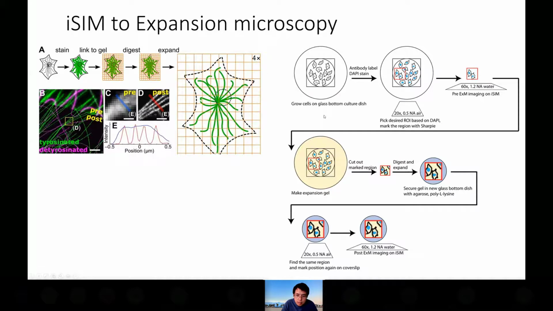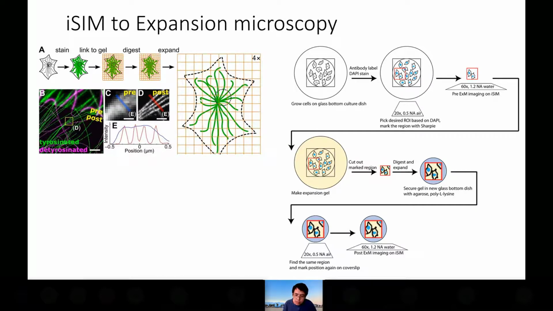This is the workflow to show how we get the training data set for the iSIM to expansion microscope. The basic idea was we first grow the cells on a glass bottom dish, and then we image them in a low magnification lens. We then find the region of interest.